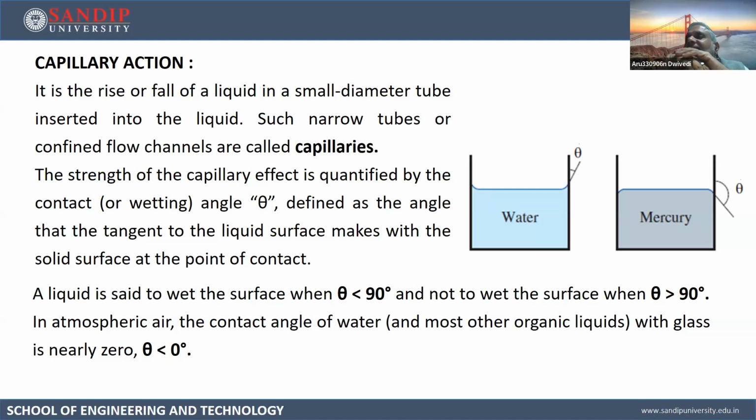It is going to wet the surface, right? But at the same time, if you have mercury in a bowl, and due to negligence the mercury falls on the table, what is going to happen? Mercury is not going to wet the surface of the table. All the mercury droplets just roll down on the surface of the table, right?